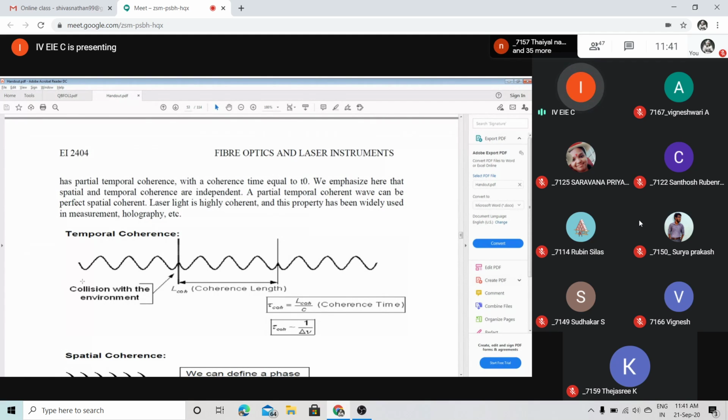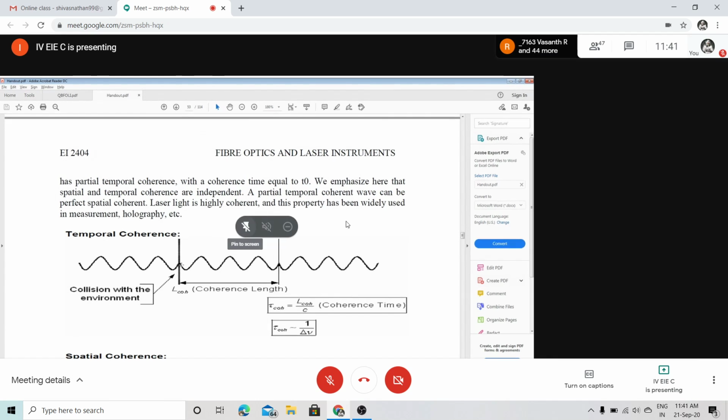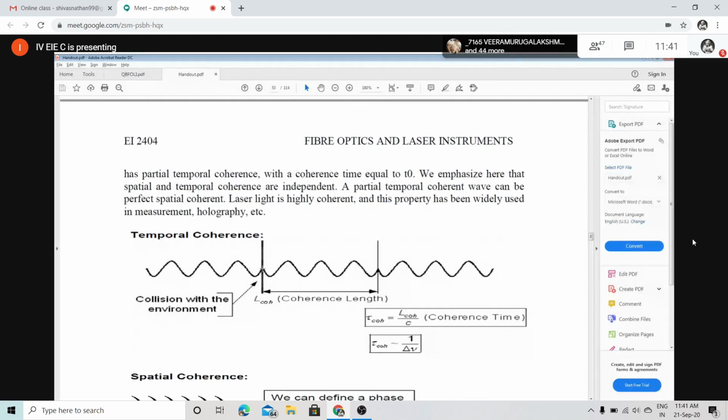As long as there is no deviation, if I measure the value to be the same, say for example they have measured here. Kindly look at the screen share. They have measured the phase and amplitude here. At another time interval, they are trying to measure the same kind of peak.